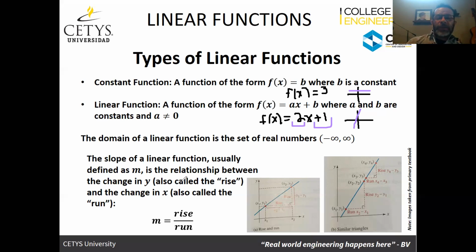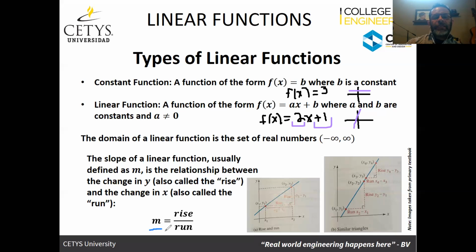And there's another concept here that's very important, that is the slope of a function. Okay, the slope of a function is going to give us an indication of the inclination of the linear function. Okay, and the slope we usually reference with the letter m.